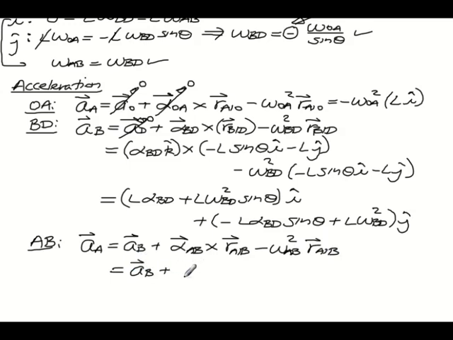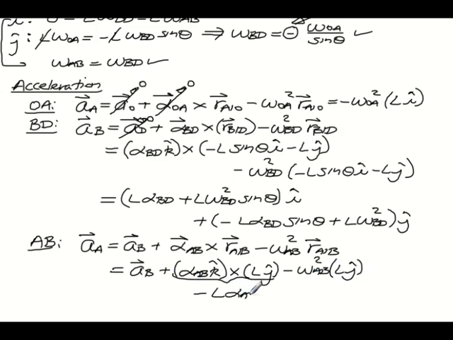Alpha AB, don't know what that is, either in magnitude or sign. So I'll leave it as, assume that's a plus. Going from B to A is a plus Lj minus omega AB squared Lj. So this is a minus L alpha AB i.